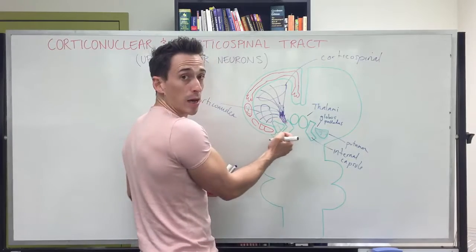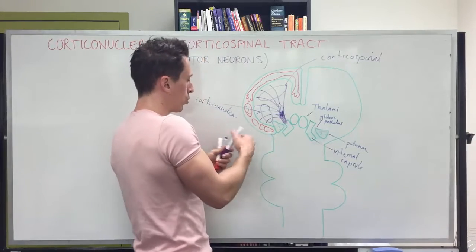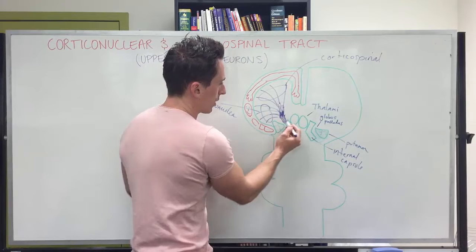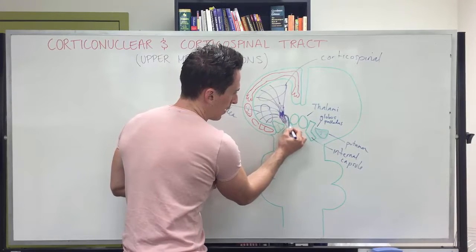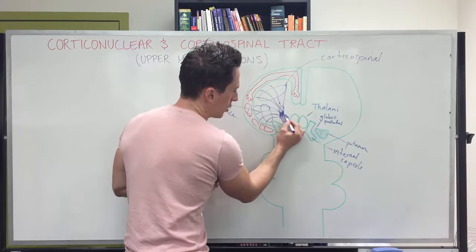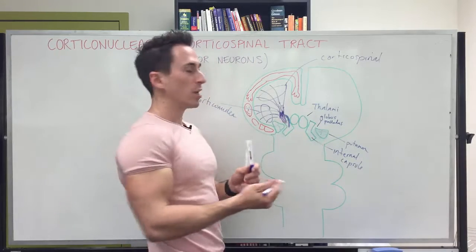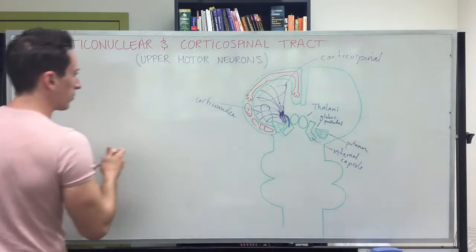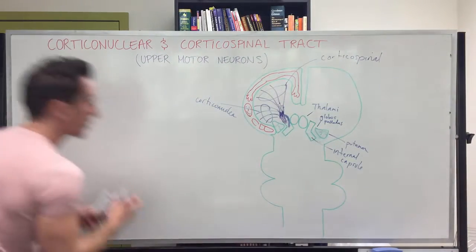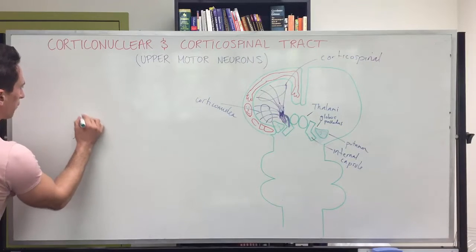So that's the back part, okay? The corticonuclear move through the internal capsule at the bend, which is called the genu. Genu just means elbow. So you've got the corticospinal moving through. Now if it doesn't look very clear there, let's draw it here.